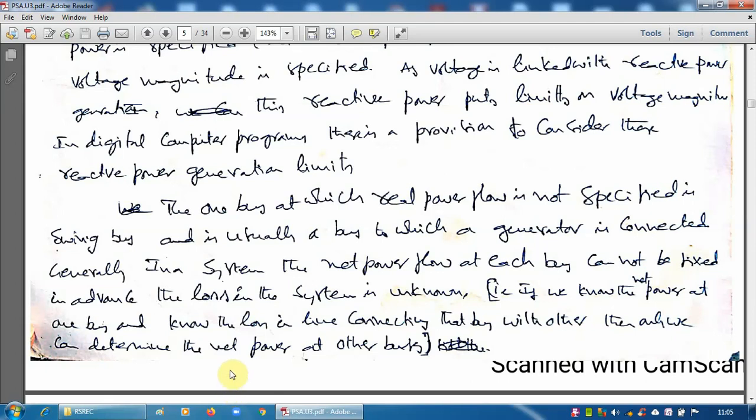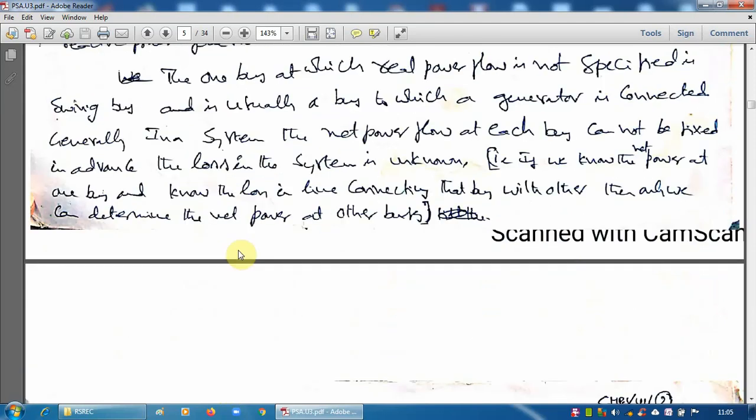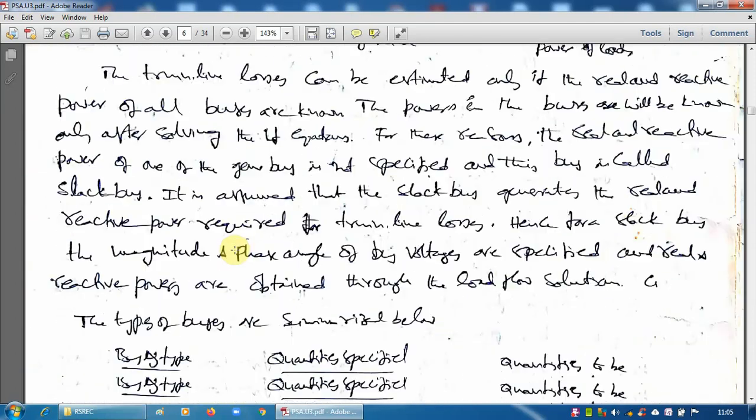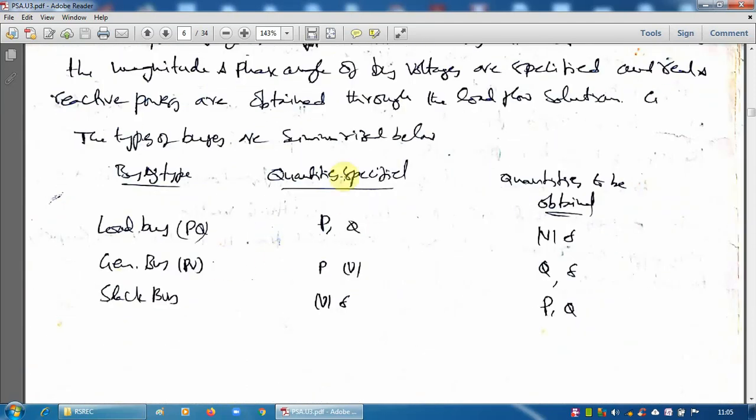So from this discussion we conclude that the buses may be classified like this based on the quantities given and the quantities to be obtained. You remember that in general there are 4 quantities specified at each bus.